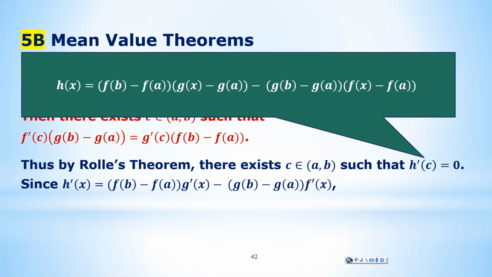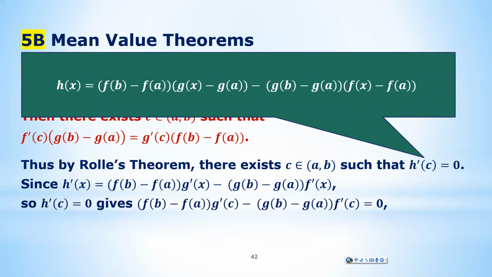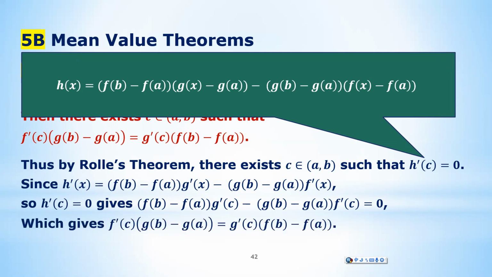Then minus (g(b) minus g(a)) times f prime of x. Now plug in x equal to c. You know H prime of c equals 0, so the right side with x replaced by c also equals 0. This is just the result of the Cauchy mean value theorem. That's how this theorem is proved.